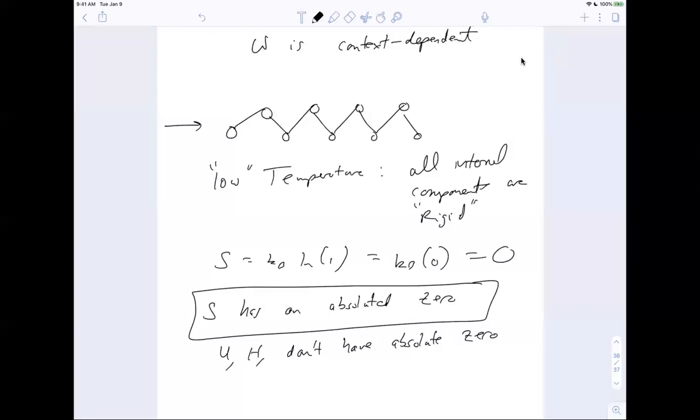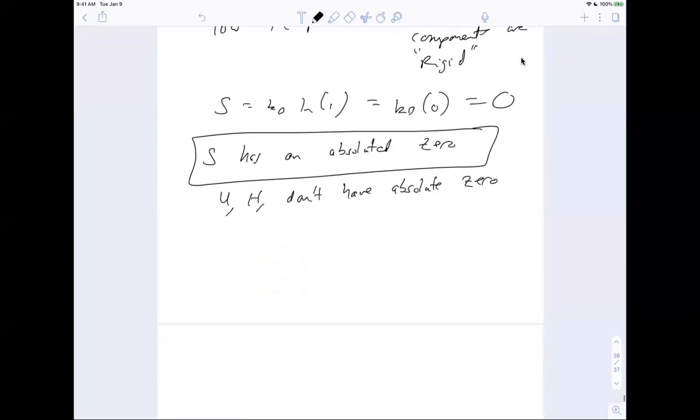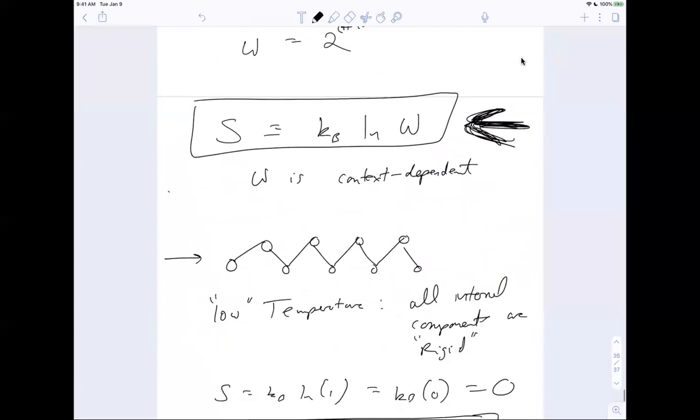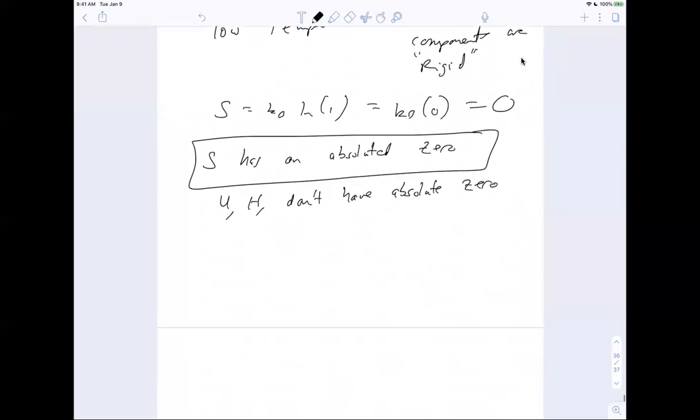Okay, what was I going to say? Oh, right. And so this expression is actually, maybe some of you know, engraved on Boltzmann's tombstone. It's that important. And in fact, Boltzmann called the form W, this Greek capital omega.